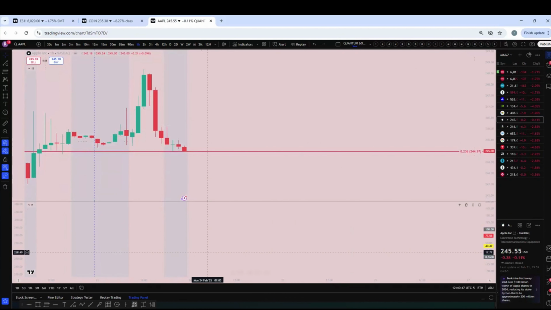Next thing I want to show you guys: if you have Webull, you can do it on a 5 minute or a 15 minute. Look at your 8:05 candle.